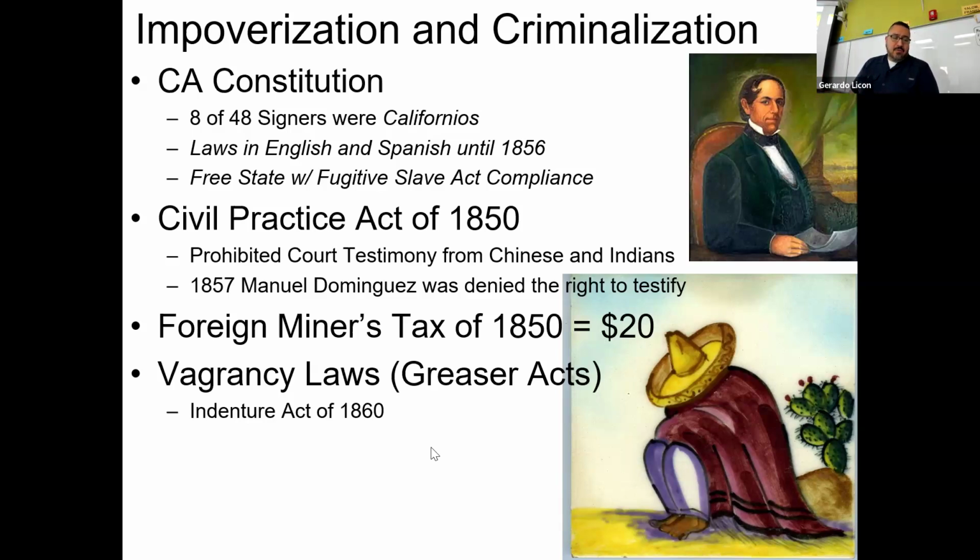And even though California was a free state, that didn't stop them from writing laws that made it so that they could get free labor from people, especially lower class people, and have it technically not be slavery.